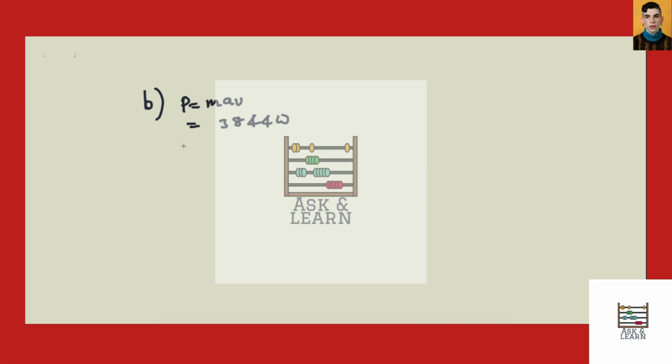Then the third part of the problem asks, what is the average net power output? So average net power is the work done divided by the elapsed time.